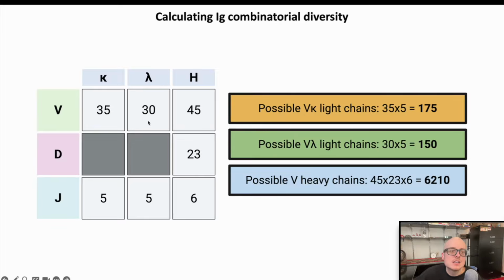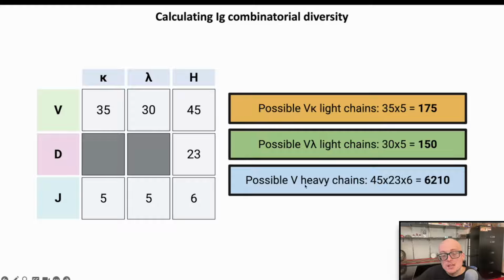In the lambda locus, they have 30 V, 5 J, and then in the heavy chain locus, they have this number of segments for each type, V, D, and J. So to calculate the number of possible kappa light chains, that is light chains that are encoded by the kappa locus, we simply take 35 times 5, the number of V segments times the number of J segments, and that gives us about 175. If we do similar math using the numbers of segments in the lambda light chain locus, we get about 150 unique possible lambda light chains or variable regions of the lambda light chain.